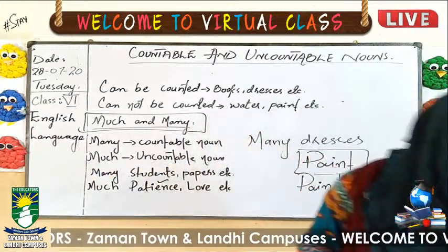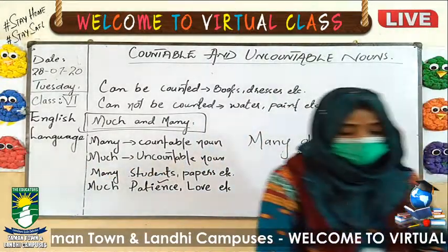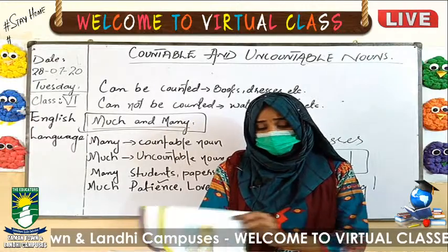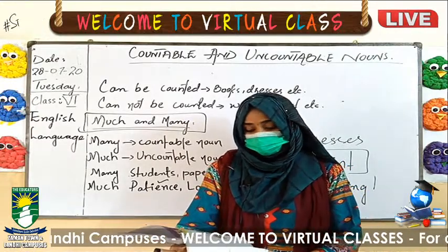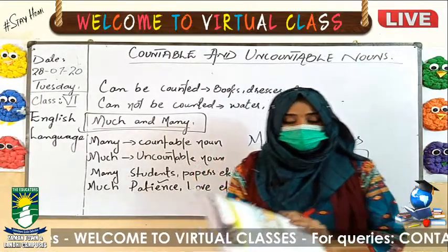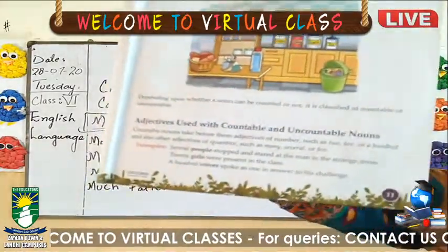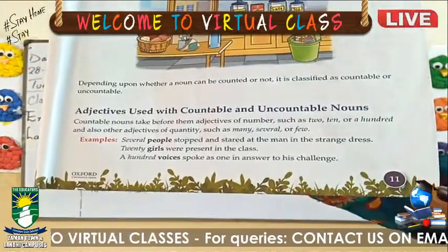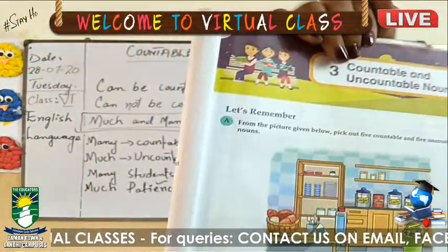Now let's have a look in the book. Take out the page number 11. Here's your topic, countable and uncountable nouns. Page number 11. Okay, let's come up.